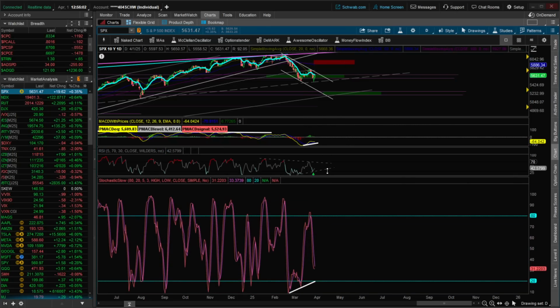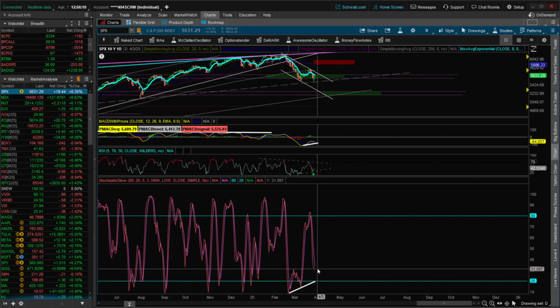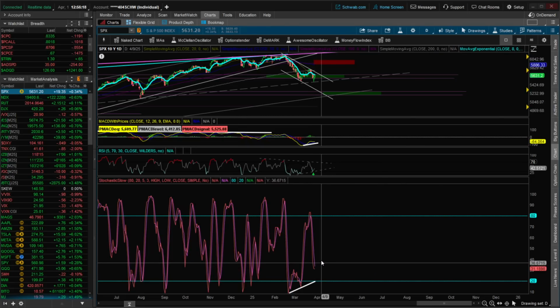Will we break out, break down? RSI. And then we have our slow stochastic. We're starting to curl a little bit. So we want to see a buy signal there coming up. Probably if we have our green candle today, we'll get a crossover. So today or tomorrow, and that will give a much bigger move. You see how this is starting to make sense?